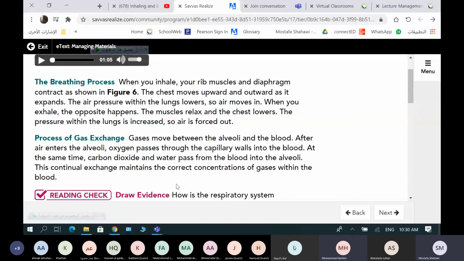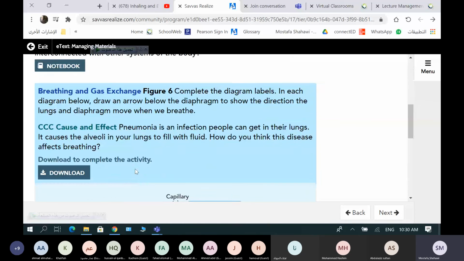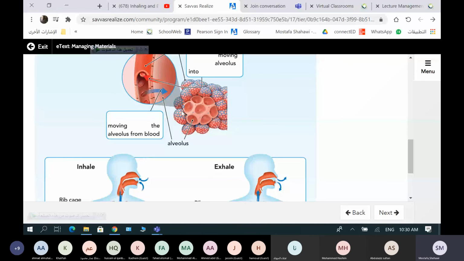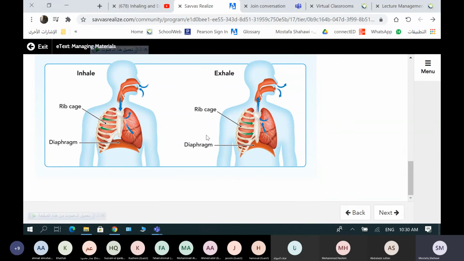This continual exchange maintains the correct concentrations of gases within the blood. So we have explained the capillary and the moving blood, and this process.